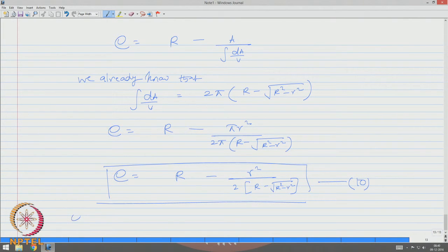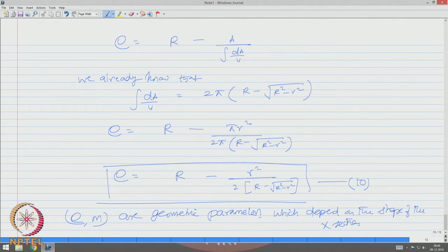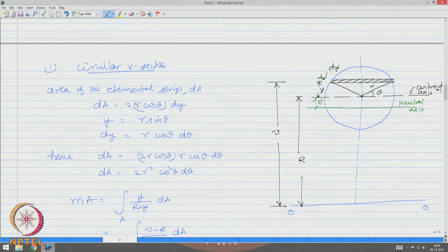So, both E and M are geometric parameters which depend on the shape of the cross section. As you can see here, the variables are small r, which is the radius of the section, and capital R, which is the radius of curvature.